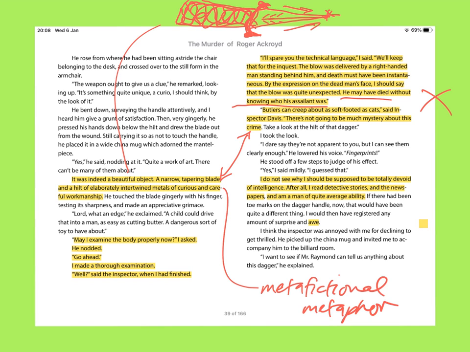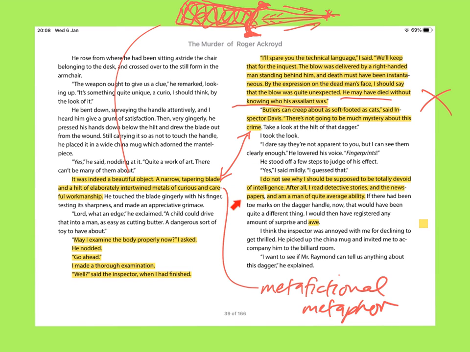"Beg your pardon." So we've got our very unintelligent Inspector Davis here. "Fingerprints. Yes, yes, I guessed that." So he doesn't like being spoken to as unintelligent. His sister does that frequently, and this very unintelligent inspector does it here again.